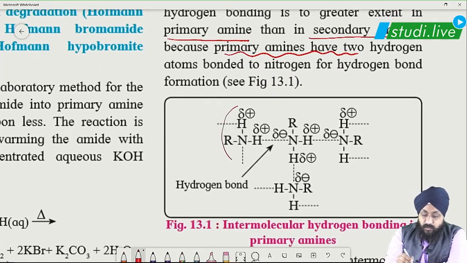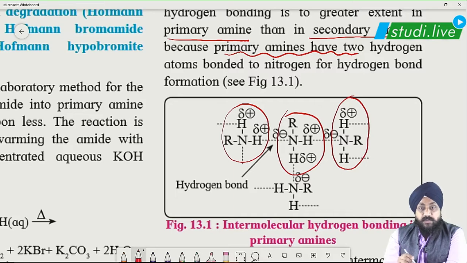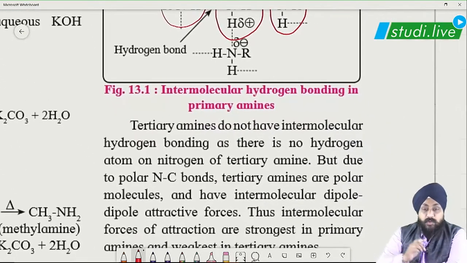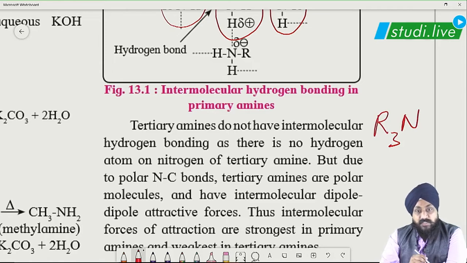See, this is one primary amine, this is another primary amine, and another. Here the H of one primary amine is forming hydrogen bonding with the N of another primary amine. So primary amine forms more hydrogen bonding, whereas tertiary amine does not have intermolecular hydrogen bonding, because there is no hydrogen atom on the nitrogen atom of tertiary amine.